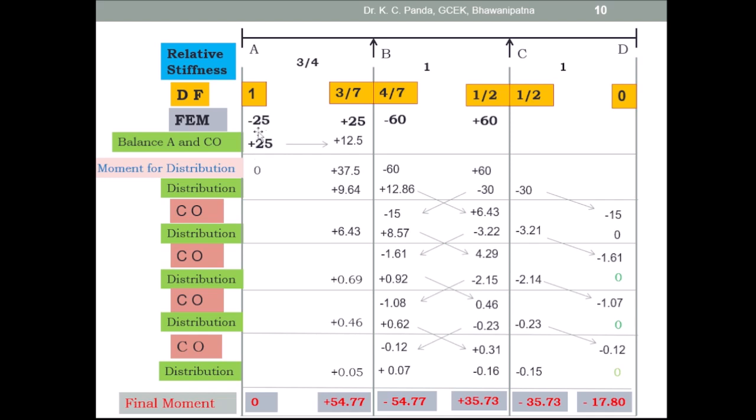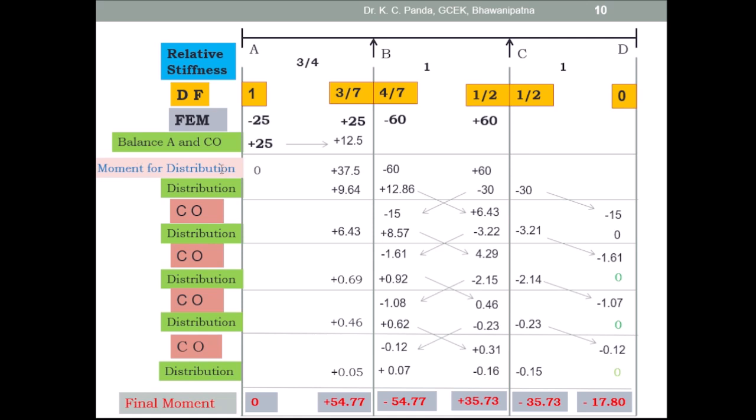Then carryover of this moment to the other end of the same member. So here you take the carryover of half of the moment to the other end of the member. Here carryover 12.5. Then draw one line here, then take the total moment. So here minus 25 plus 25, this is 0.